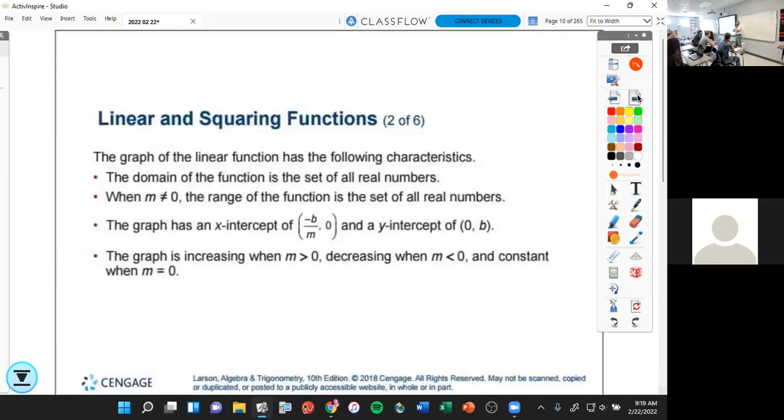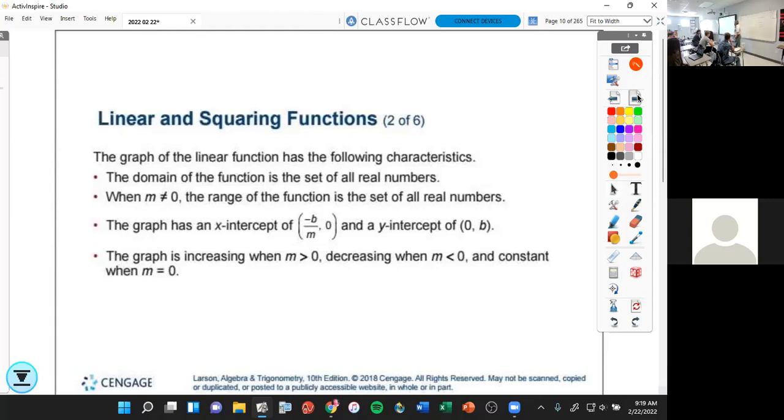Okay, you have a horizontal line, right? Is a horizontal line going to have a range of all reals? What's the range of a constant function going to be? That specific constant, right? Y equals 6. What's the range? 6. What's the domain?